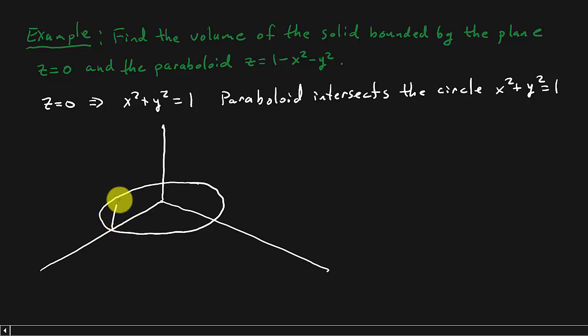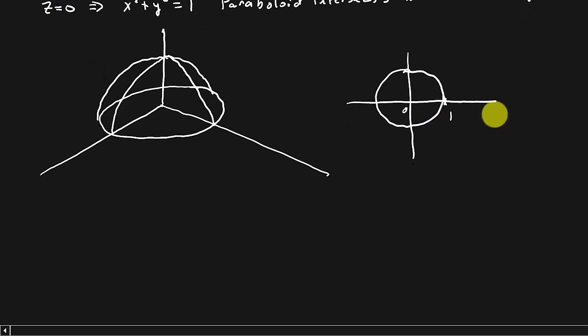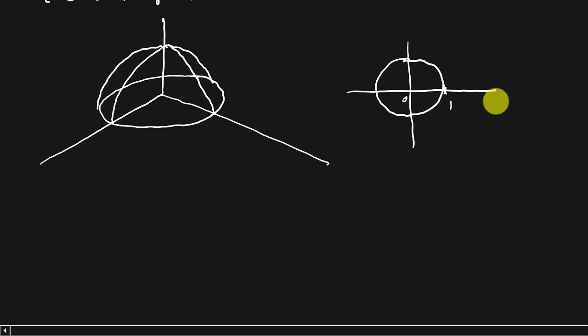And you're going to have your paraboloid going to come like this, and then it's going to go back here, and then you're going to have it here, and then it's going to come right here. So there's your paraboloid. And notice if you're looking at this from the top in the XY plane, it's just a circle with radius 1, right? See, this is 1, there's 0. Okay, so this is what we're looking for.